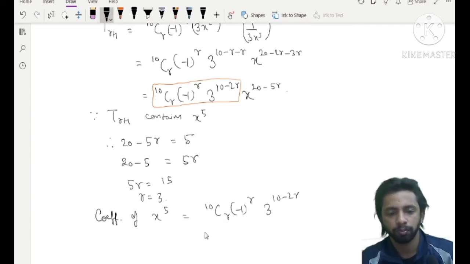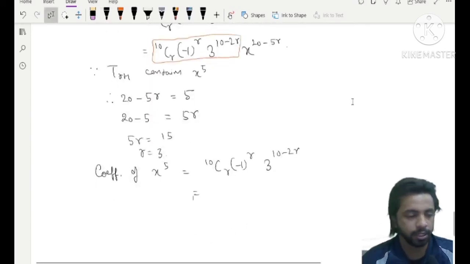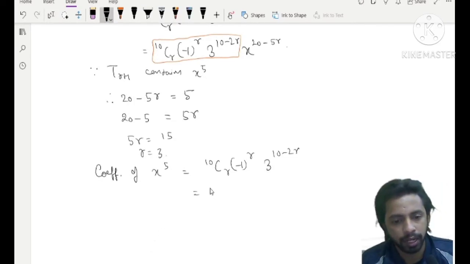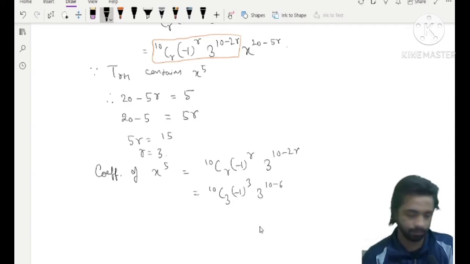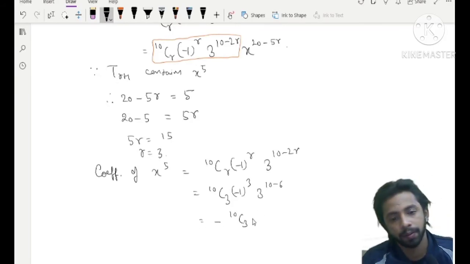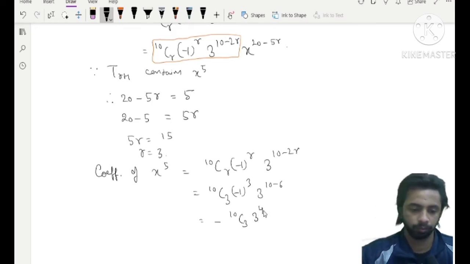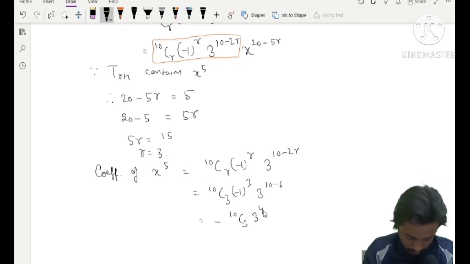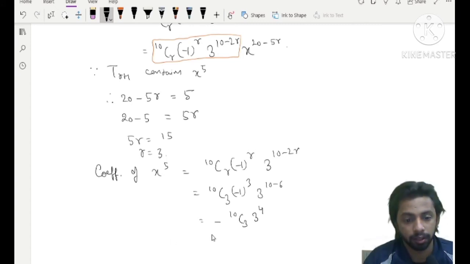So after substituting the value of r equal to 3, 10C3 (-1) to the power 3, 3 to the power 10 minus 6, this will be negative of 10C3 times 3 to the power 4. So let's find the value. The value is negative of 9720, and that's the answer.